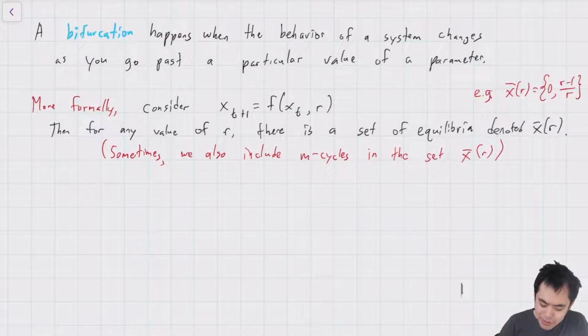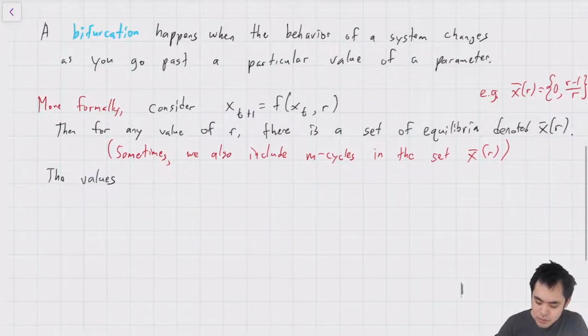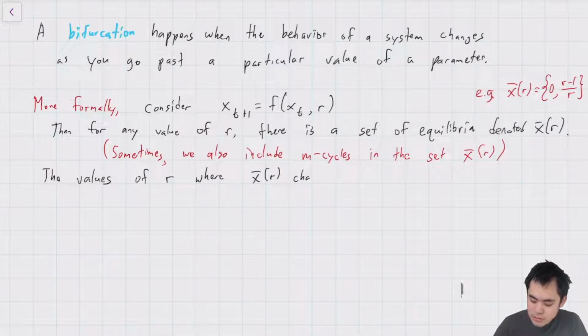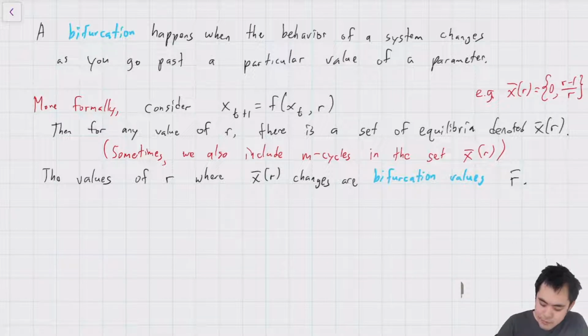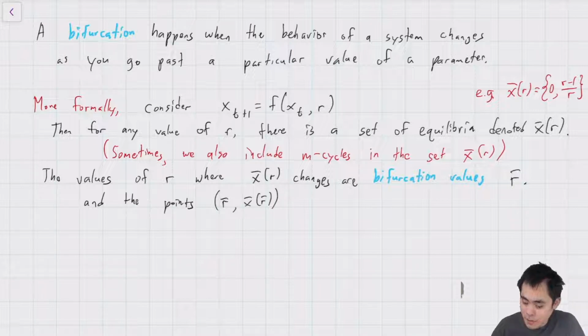So now, once we have that definition, the values of r where x bar of r changes are bifurcation values, r bar, and the points (r bar, x bar of r bar) are the bifurcation points.